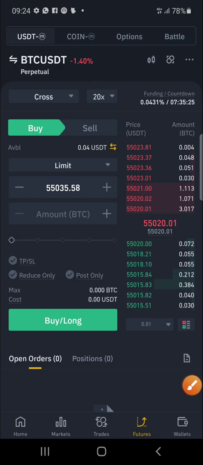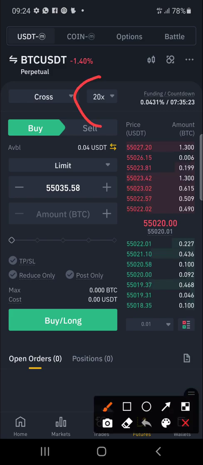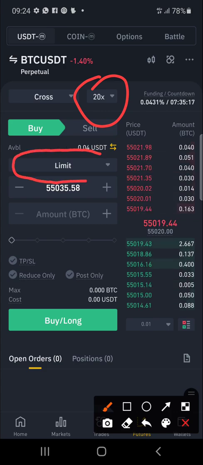So here now is where you select your leverage. That's where you select your leverage. Then here, as I explained in spot, you choose a limit order or a market order. With a market order you use the current market price, but with a limit order you place it in anticipation of the market going to some level, and when it spikes to that level it will be activated.